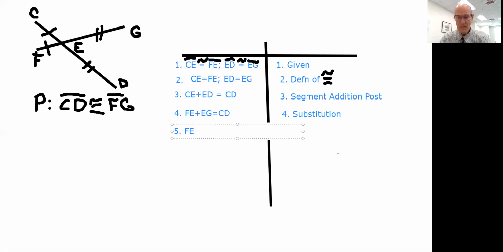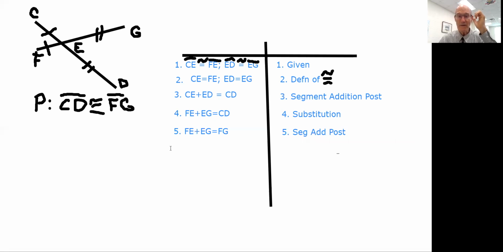And then the next thing I can say is FE plus EG is equal to FG. And that once again is the segment addition postulate, because it says the whole segment's equal to the sum of its parts.